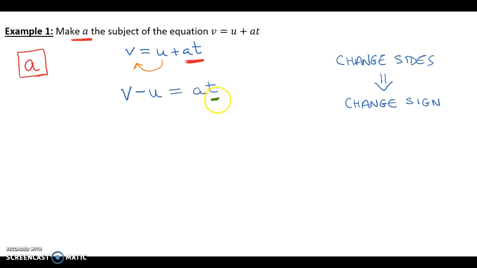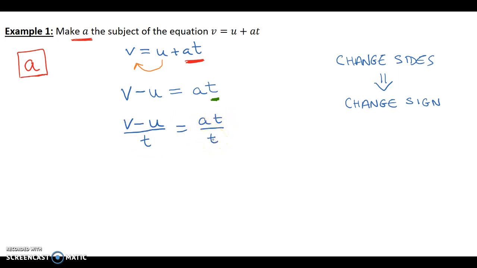So at this point, because it's directly attached to the a, we have to divide by it, because at means a times t, or a multiplied by t, and the way to remove multiplication is to divide. So we're going to divide by whatever is attached to our variable, that's the t. So we're going to divide both sides. v minus u divided by t is equal to at divided by t.